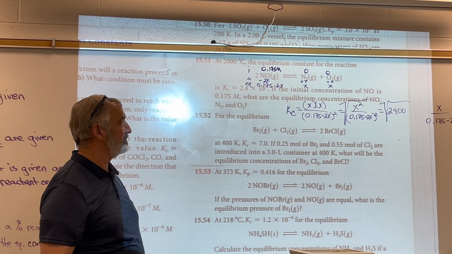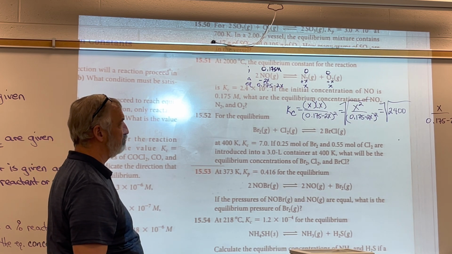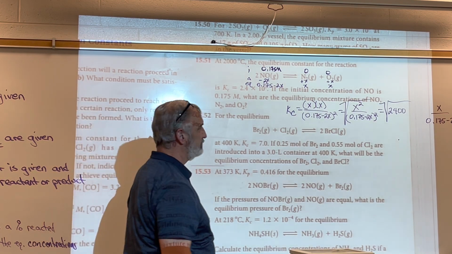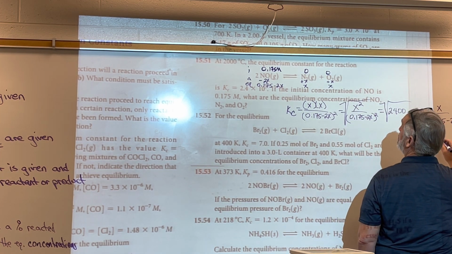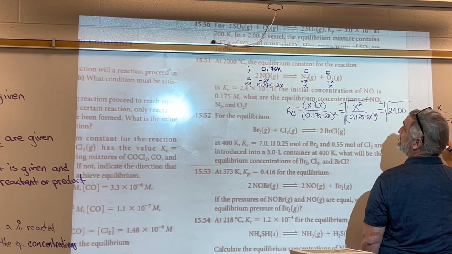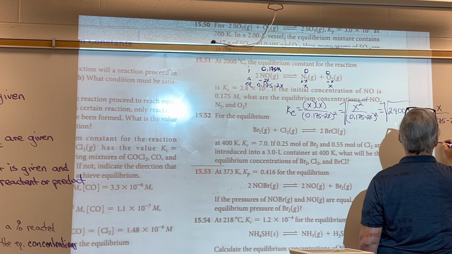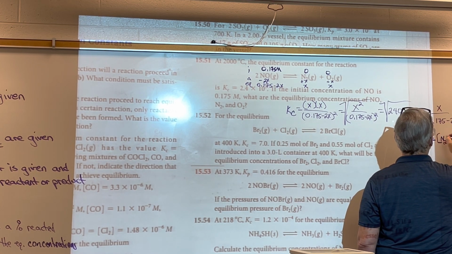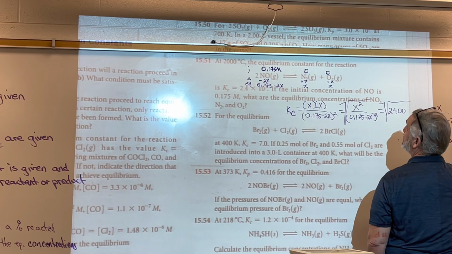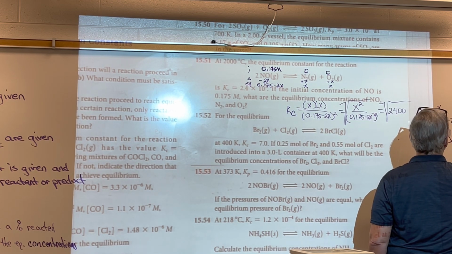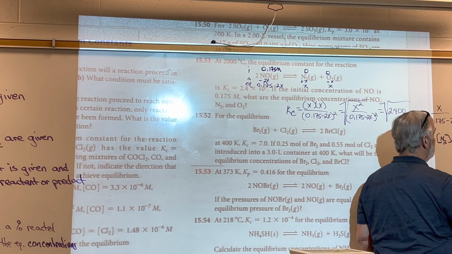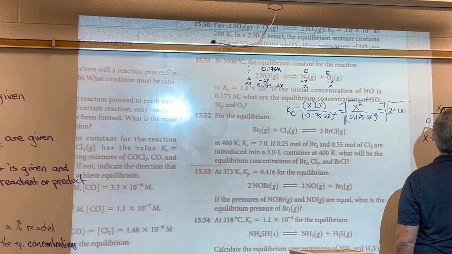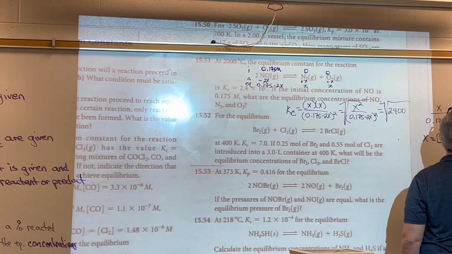How many things? 3. 0.0866. So x is gonna equal... these are pressure, these are concentrations, right? x is equal to the concentration of N2, which is gonna equal the concentration of O2, which is gonna equal how much? 0.0866 molar.